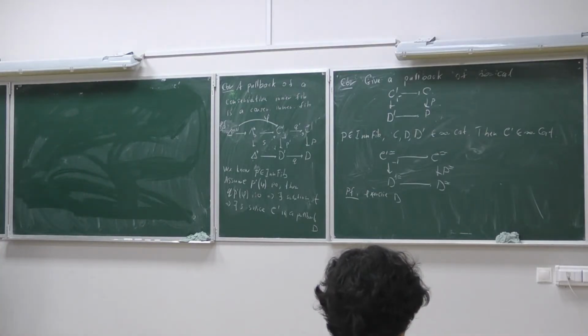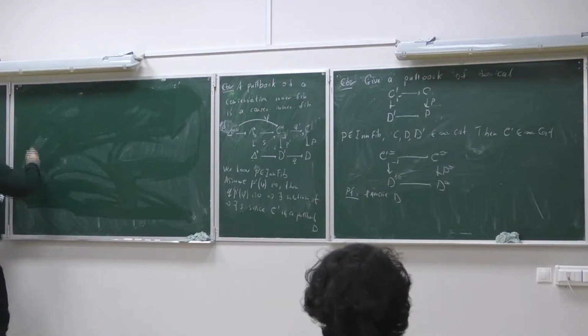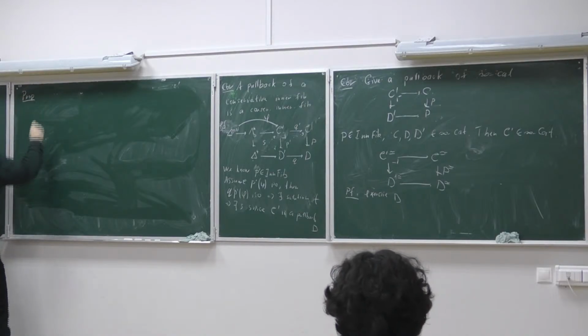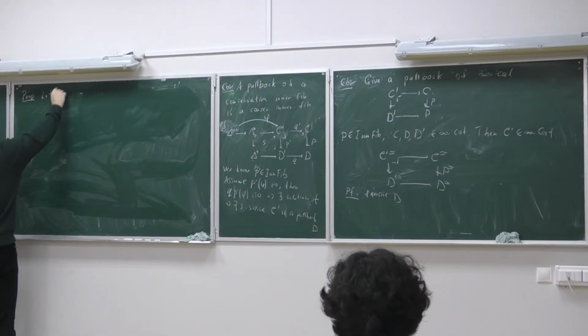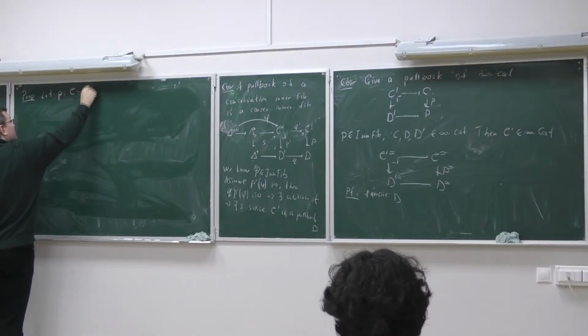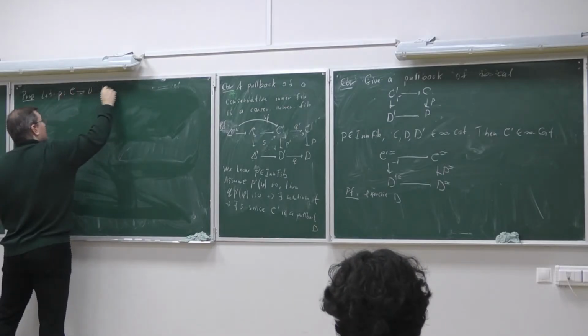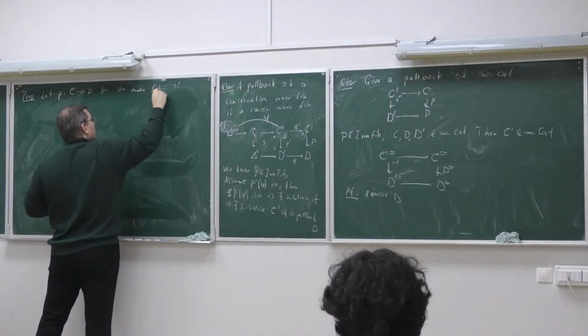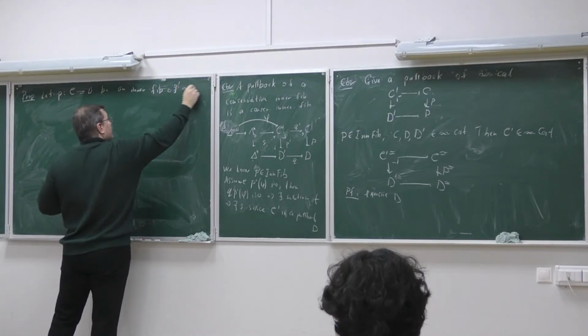For isofibrations, I have the following proposition. Let P from C to D be an inner fibration of infinity categories.